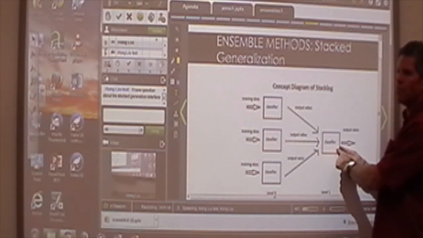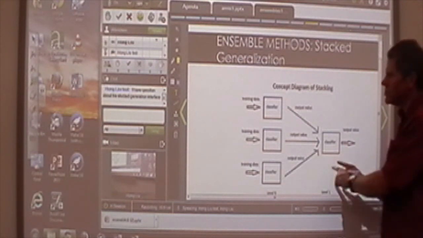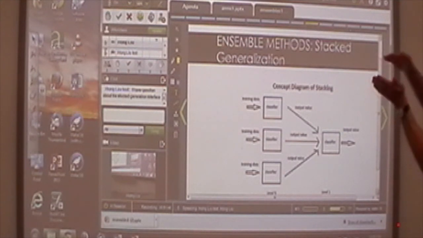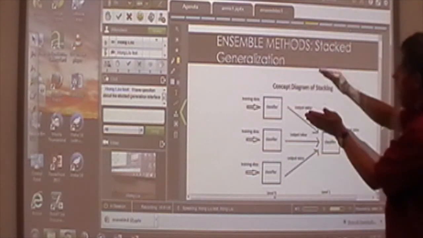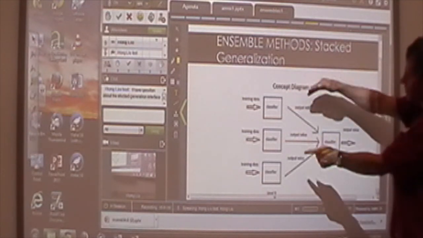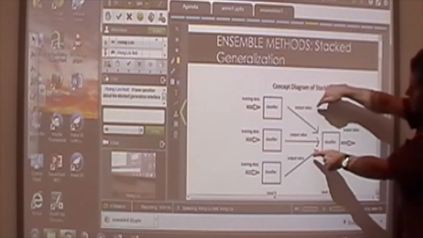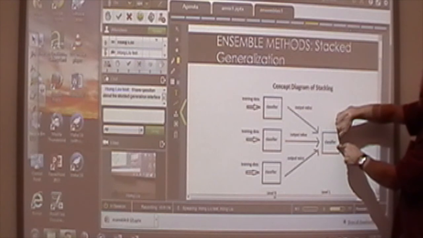So you're building upon the outputs, not on the original data anymore. Your outputs become the training data for your next classifier.